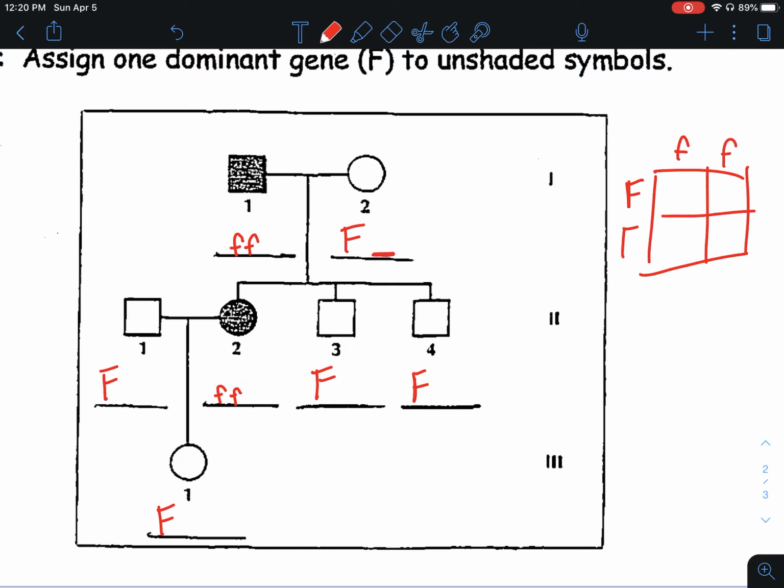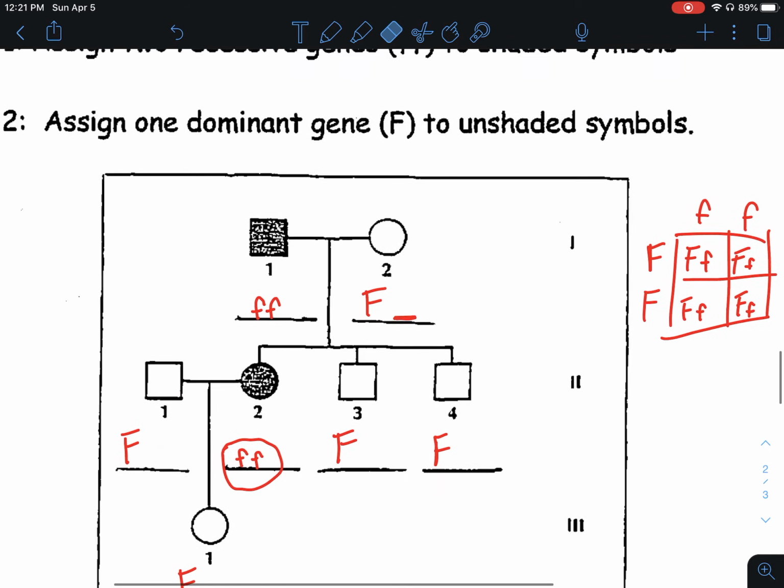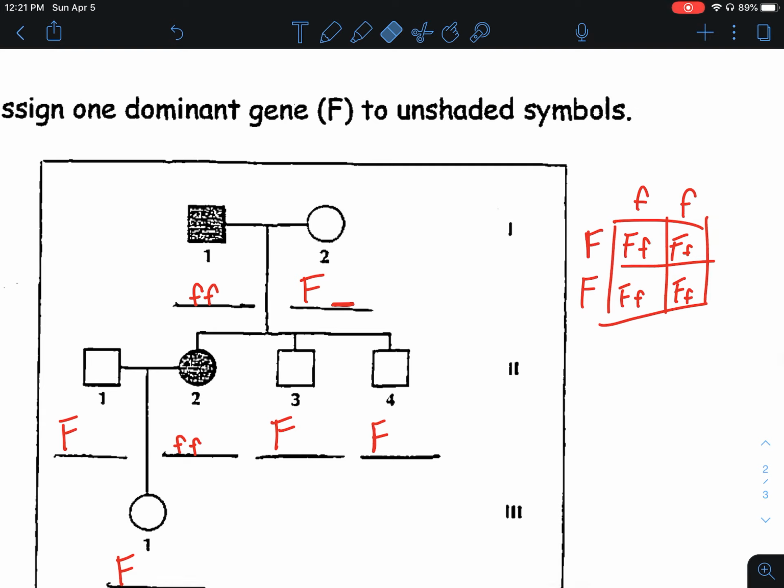If this second allele were also a capital, then the only thing that could be produced is a mix of alleles, and you would not be able to produce this offspring right here. Sorry, I think I flip-flopped my male and female here. So this second allele has to be a lowercase, because then that allows for these to be lowercase too.